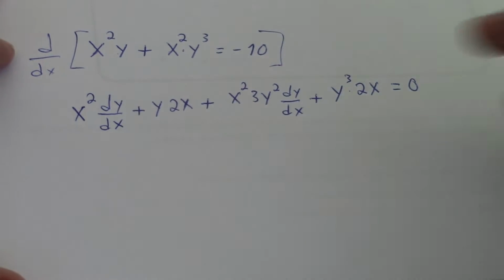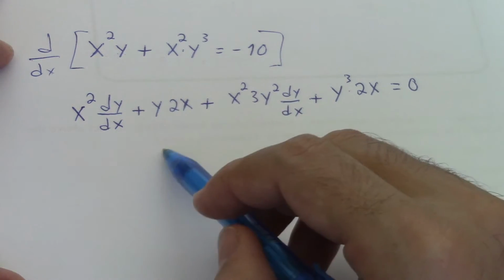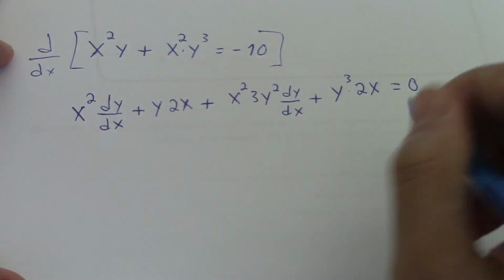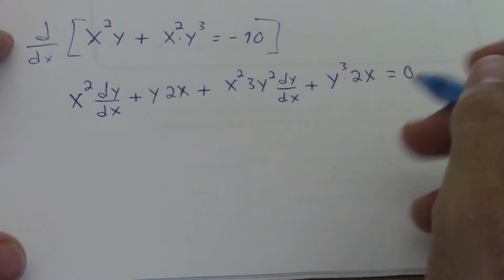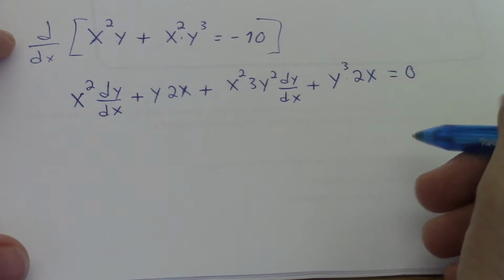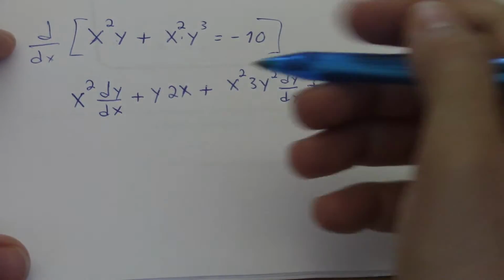Now let's put all the dy/dx terms on one side, the left, and the other expressions on the right. Like maybe you learned in algebra 1, variables to the left, numbers to the right. We're going to do the same here: dy/dx to the left and expressions to the right.